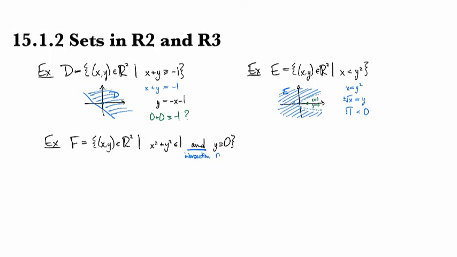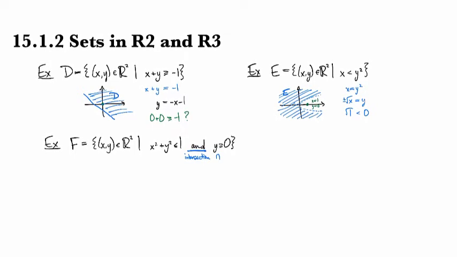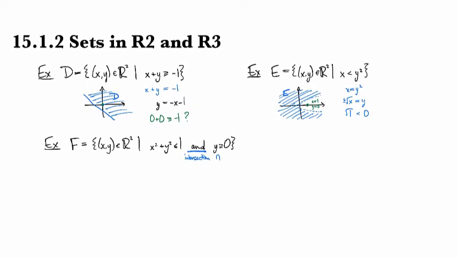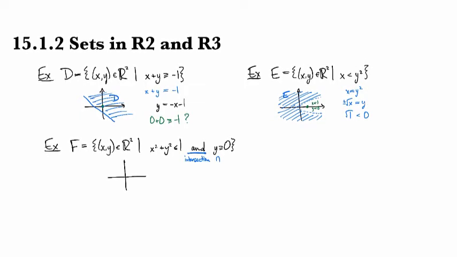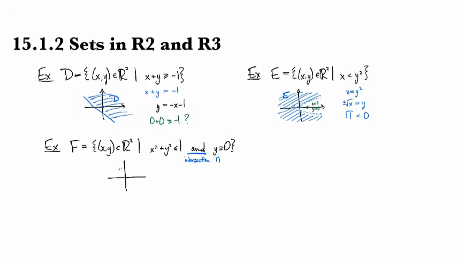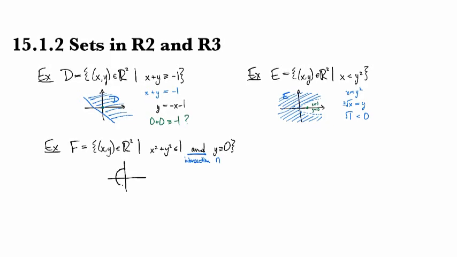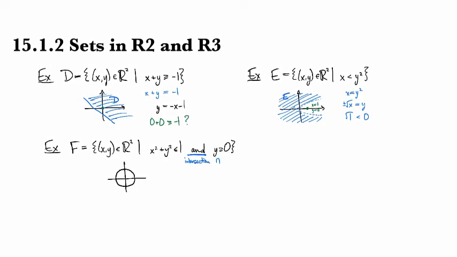Sometimes this is denoted with an upside down U symbol for intersection. That means I'm looking for the points that satisfy both inequalities. For the first one, I have the points inside the unit circle as we saw before. Oh wait, but it's inclusive because it's a non-strict inequality.